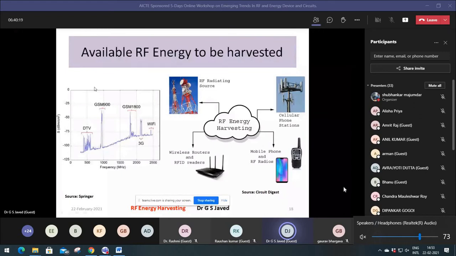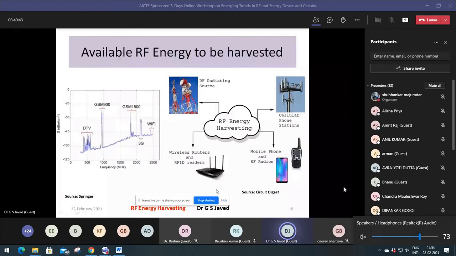So these are all the sources that you're looking at, and if you need to harvest, the best way to do it is stay close to some of these cellular phone stations and radiating sources, which are your transmitting stations. And your wireless routers, RFID readers, mobile phones, and RF radios are all your receiving stations.